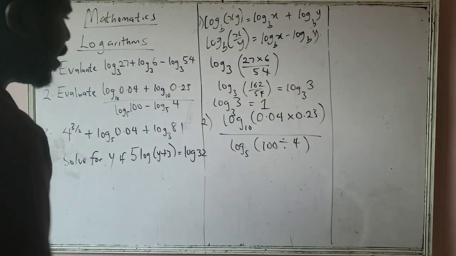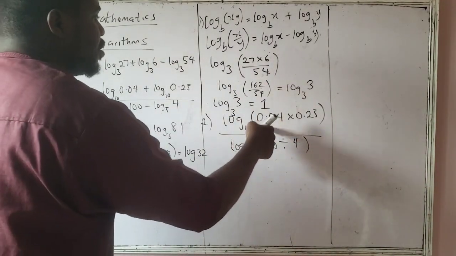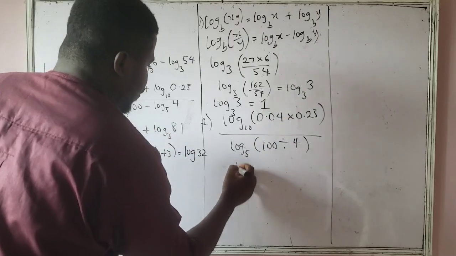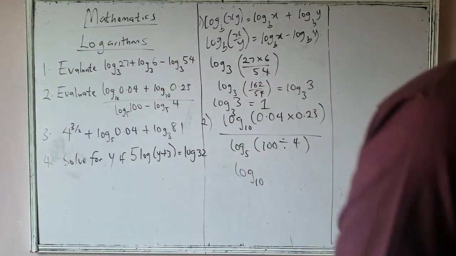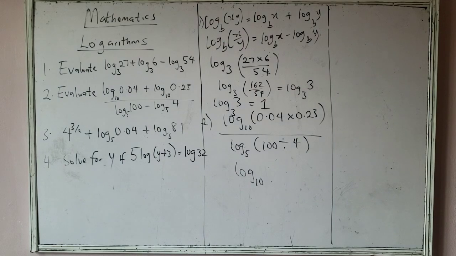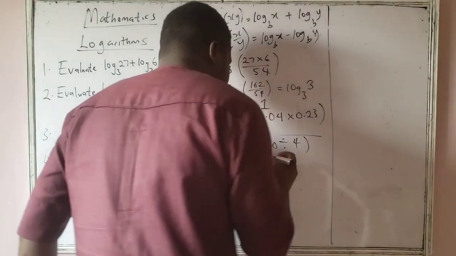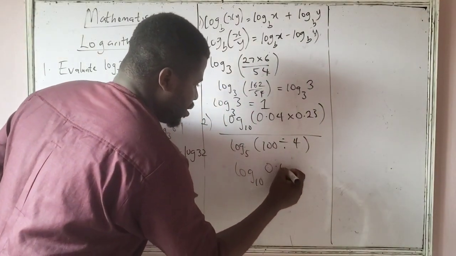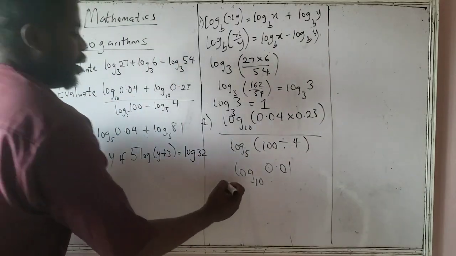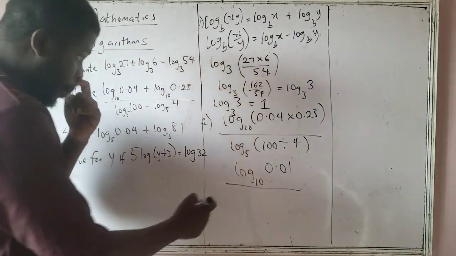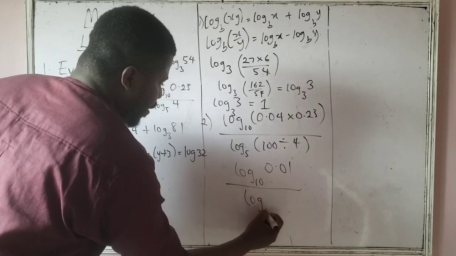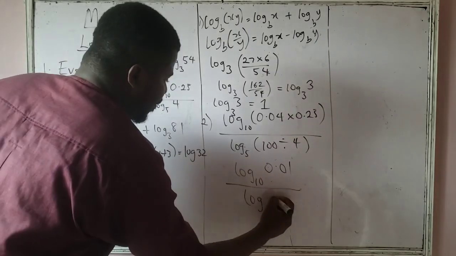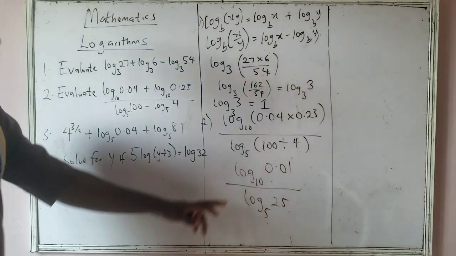And if we press our calculator, 0.04 times 0.25, we are going to get log 10, 0.01, over 100 divided by 4 is 25, over log 5, log 25 rather is 5.